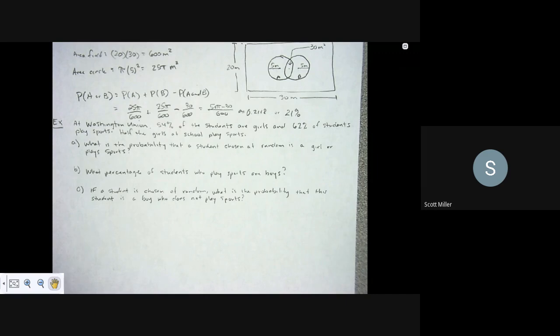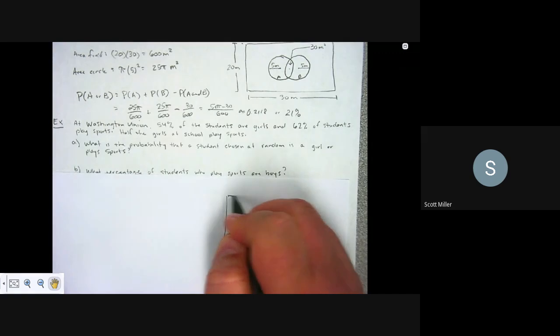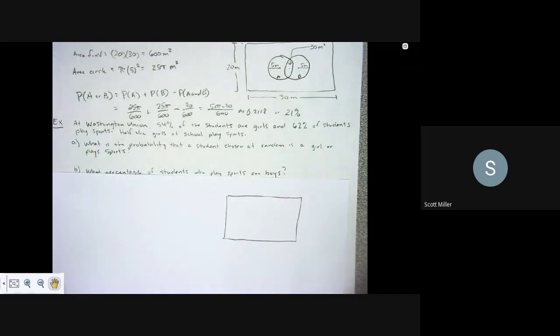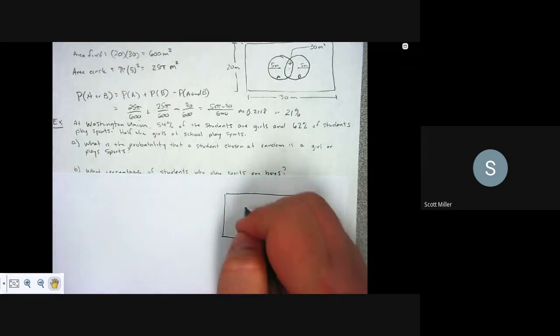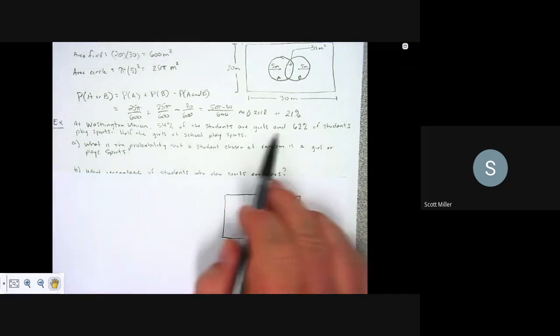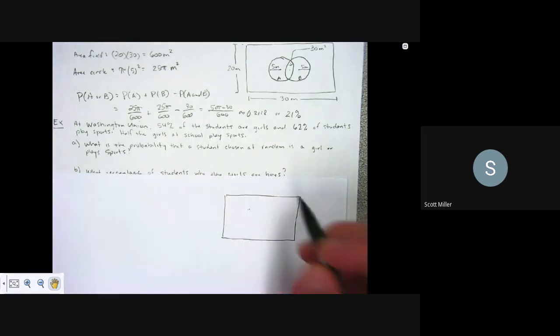So let's put in some information that we know. What a Venn diagram basically is, you start off with a rectangle. This represents everything that is possible. And in everything that is possible, we have two topics here, which are girls and sports players. Those are the two items that we're looking at.